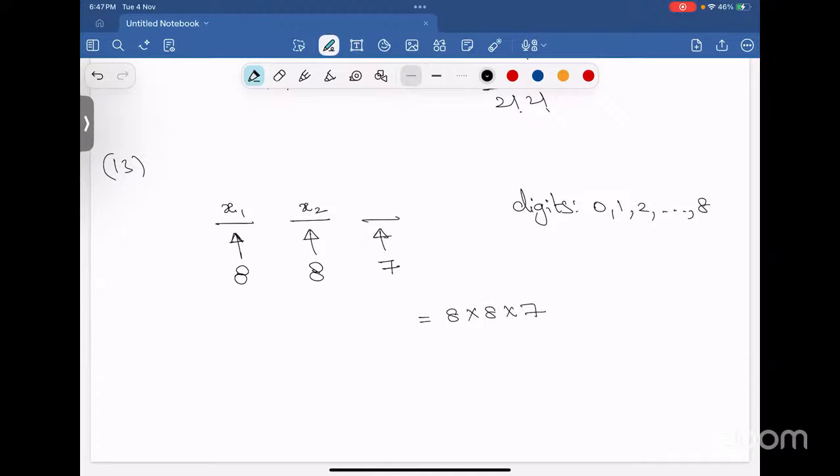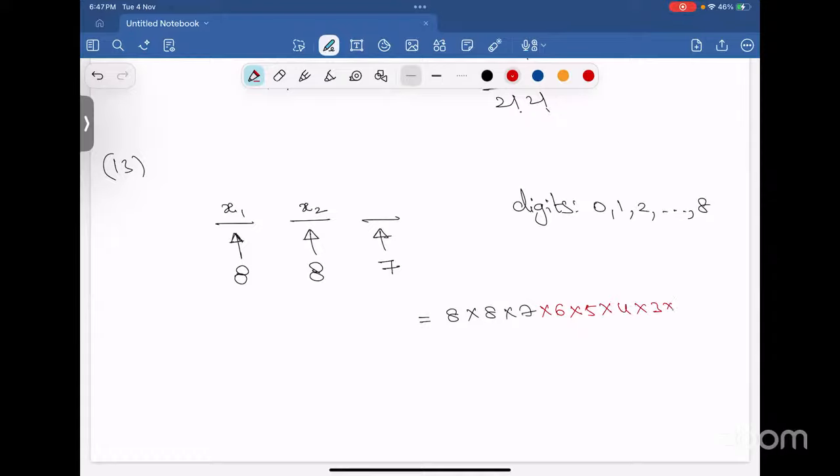Right? Now how can I write this in terms of P, where it is permutation? How can I write it in factorials? That's the challenge. I can multiply and divide it by 6 factorial.